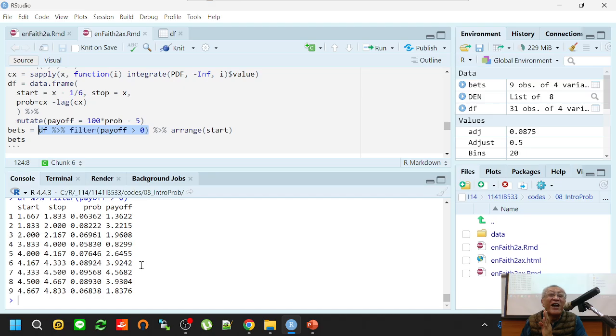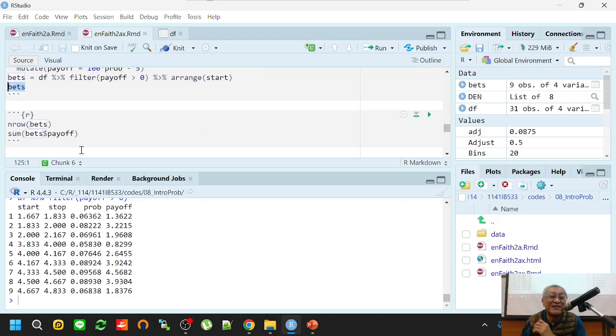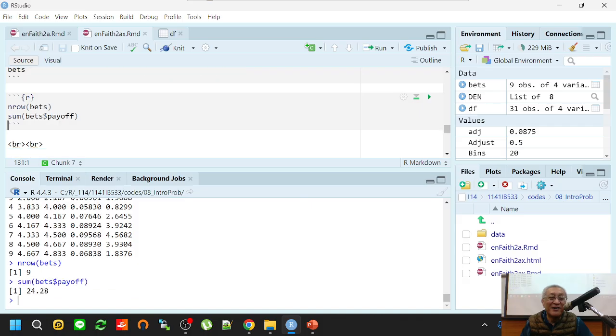That is what we want to bet, and this is the number of bets we want to place, and this is the net expected value that we expect from this game. It's not bad, because you only invest about $45, and you have a net expected value of 24.28.